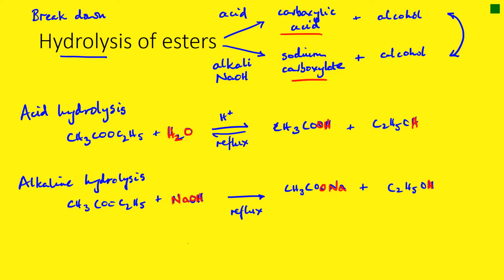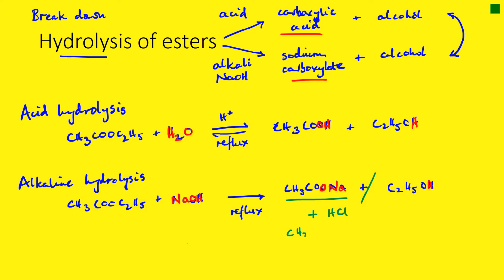And if you wanted to make the acid out of your salt, first of all you would separate your two products, potentially by evaporation and crystallization or distillation. You could distill off your alcohol. And then what you would do is you would add some hydrochloric acid, and you'd get a reaction which gave you your acid, your carboxylic acid, because that's the weaker acid than the mineral acid.